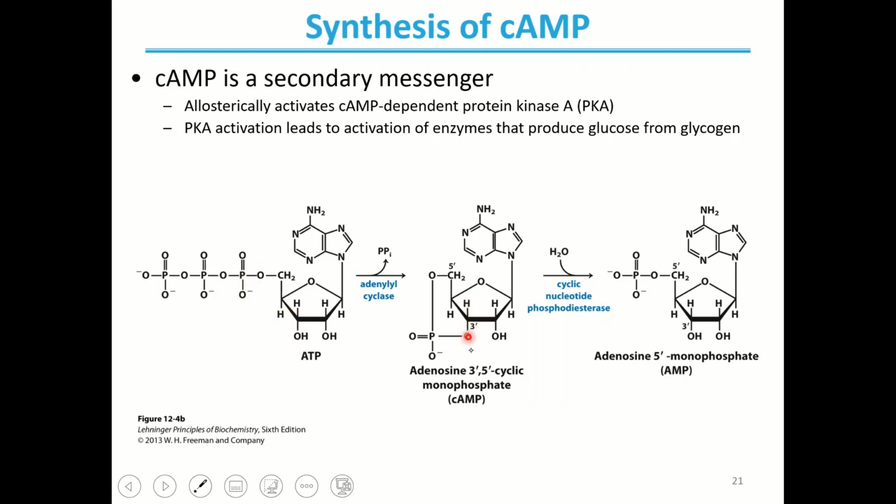And so in the cyclic structure, that phosphate is going to be bound to the oxygen on the 3' oxygen and the 5' oxygen. Okay, so that's cyclic AMP.